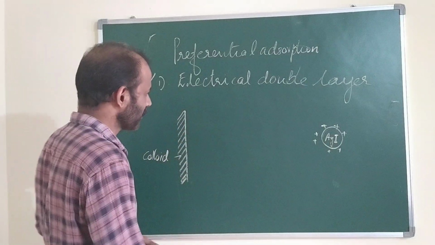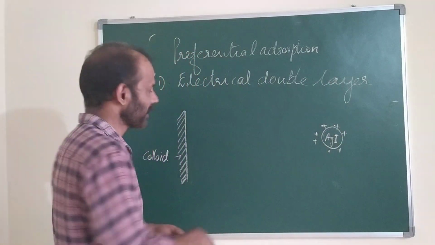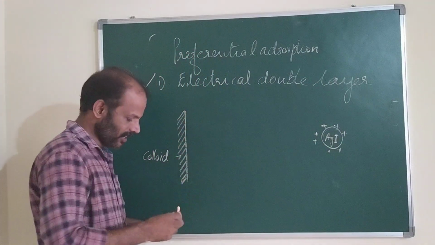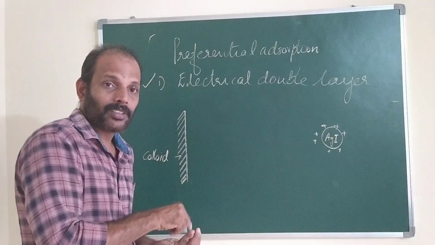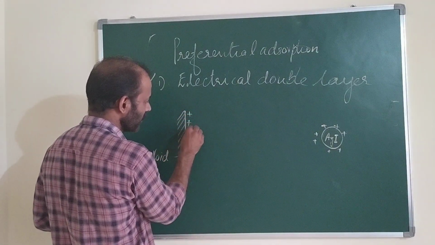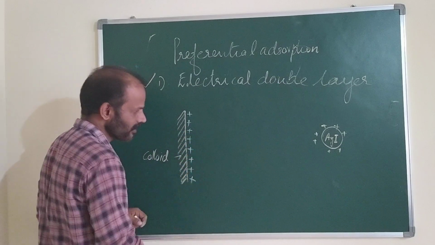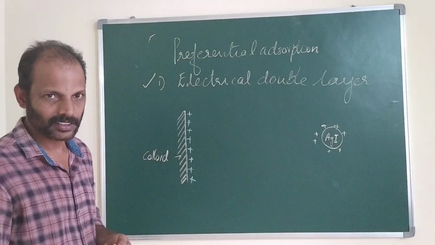From solution, either positive or negative charge gets adsorbed on the surface. Suppose it is the positive charge that gets adsorbed, so we can represent it like this. Positive charge is adsorbed on the surface of the colloid.